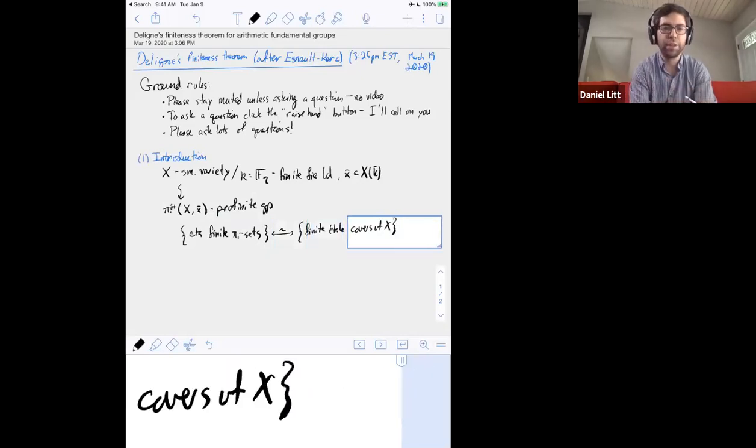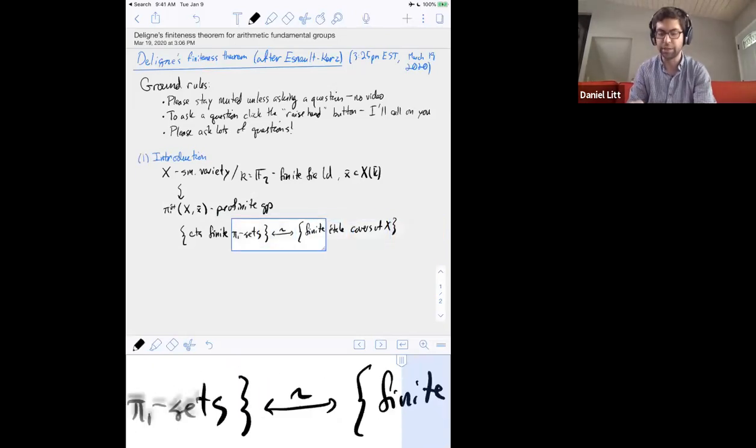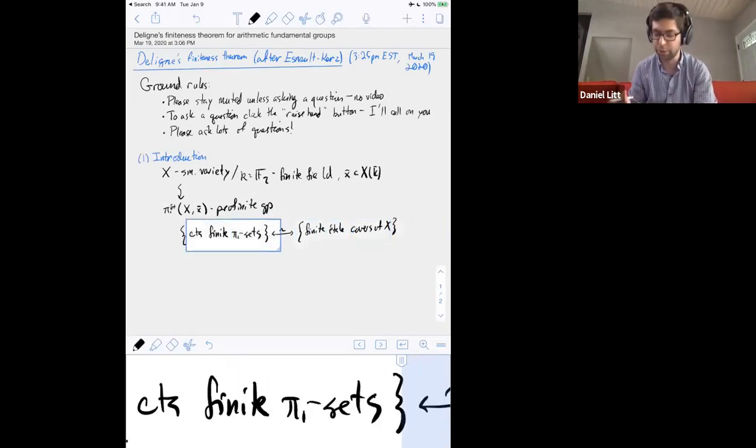So we're trying to define the fundamental group using covering spaces. So this equivalence of categories is supposed to capture the relationship between the fundamental group and covering spaces. On the right-hand side, you have covering spaces, and on the left-hand side, you have sets with an action of pi1.